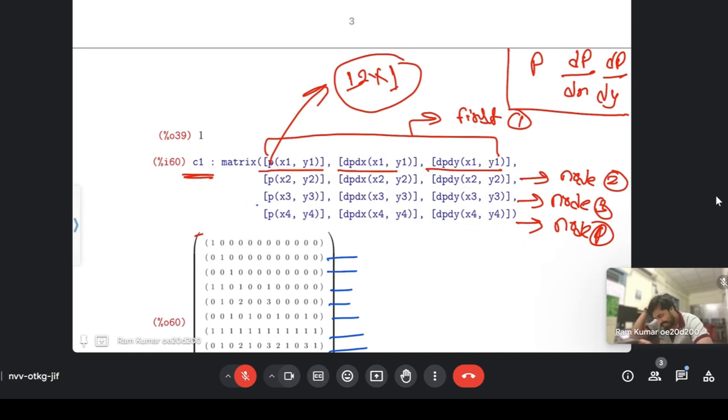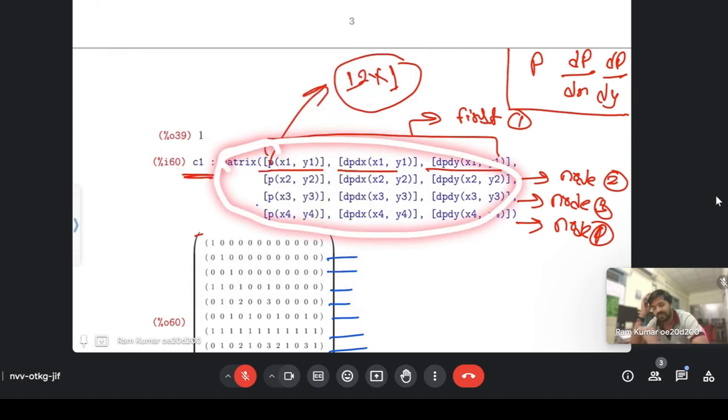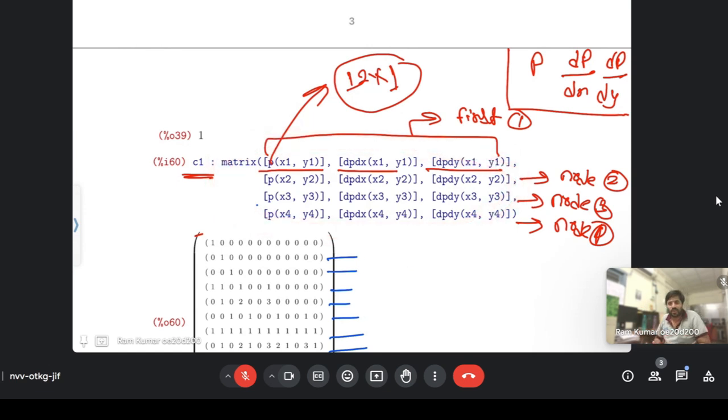But see, I'm writing this in matrix form. This is just one thing you have to take care of. This is in matrix form, so it will not look as simple as what I am writing. If you write code, then you will get that this is in matrix form. So this term itself has 12 elements. Each term has 12, 12, 12.